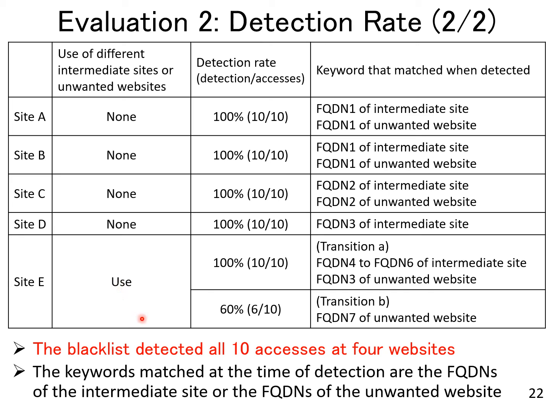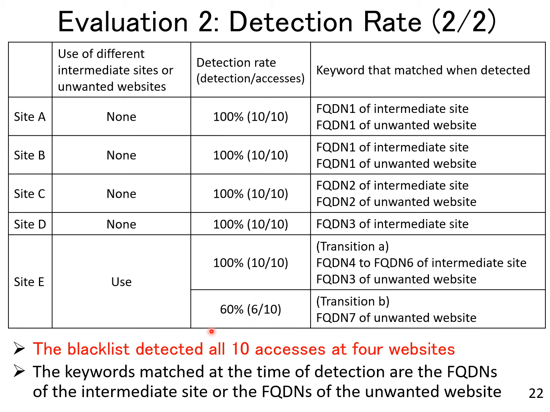In transition A of site E, access to the malicious website was detected in all 10 accesses by FQDN4 to FQDN6 extracted from the intermediate site, and FQDN3 extracted from the unwanted website. In transition B, access to the malicious website was detected in 6 out of 10 accesses by FQDN7 extracted from the unwanted website.